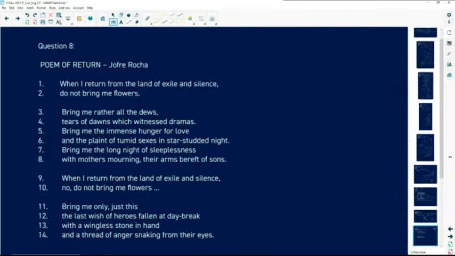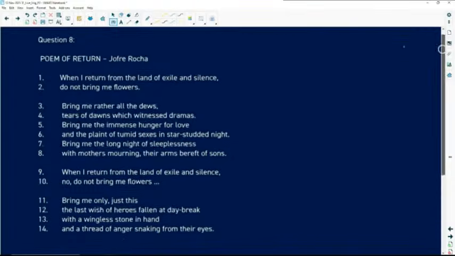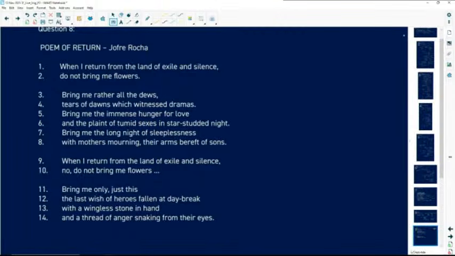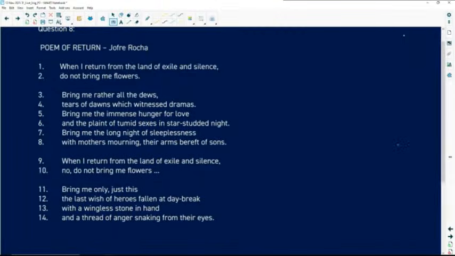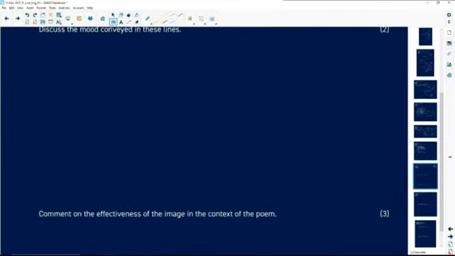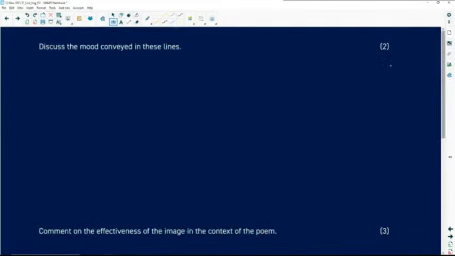All right, so I thought if we looked at "Poem of Return" and then looked at some typical questions based on it. Mood. They often ask mood.